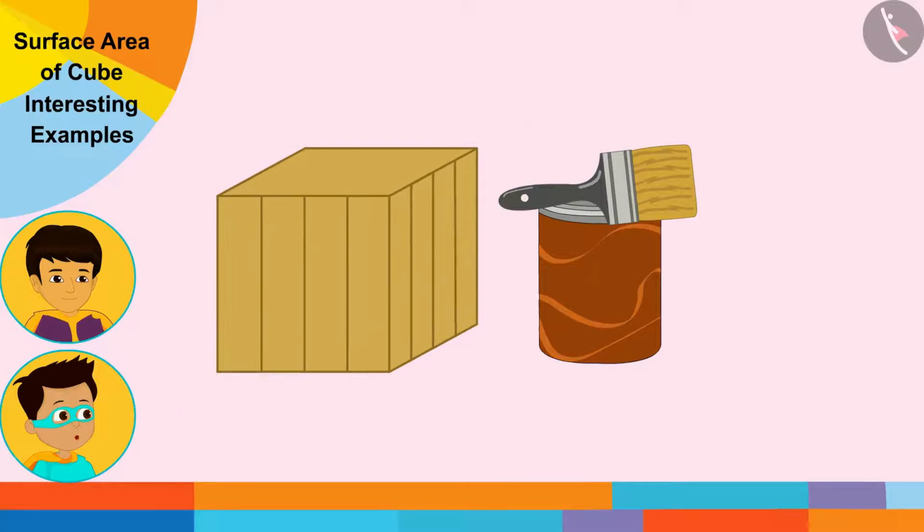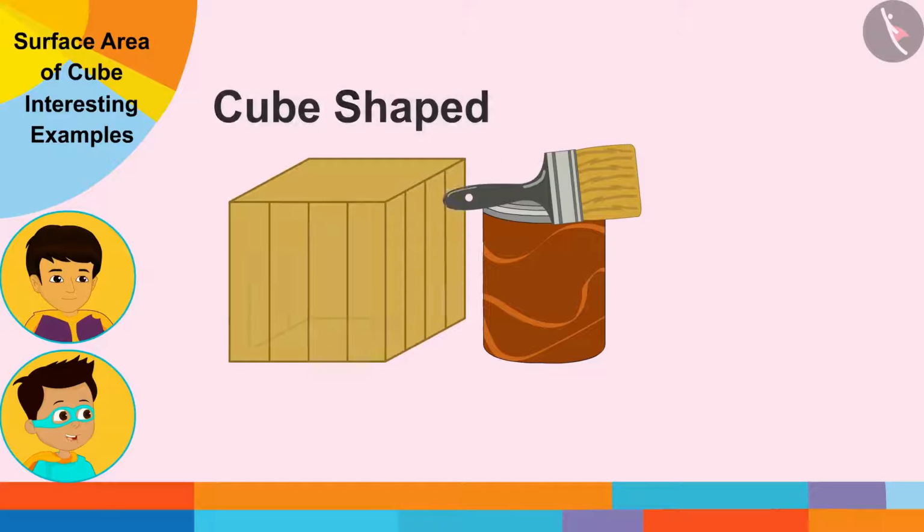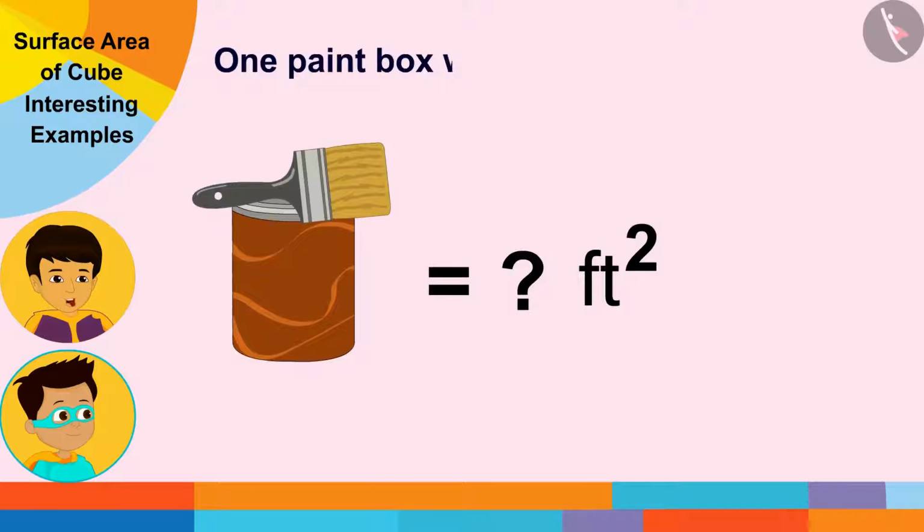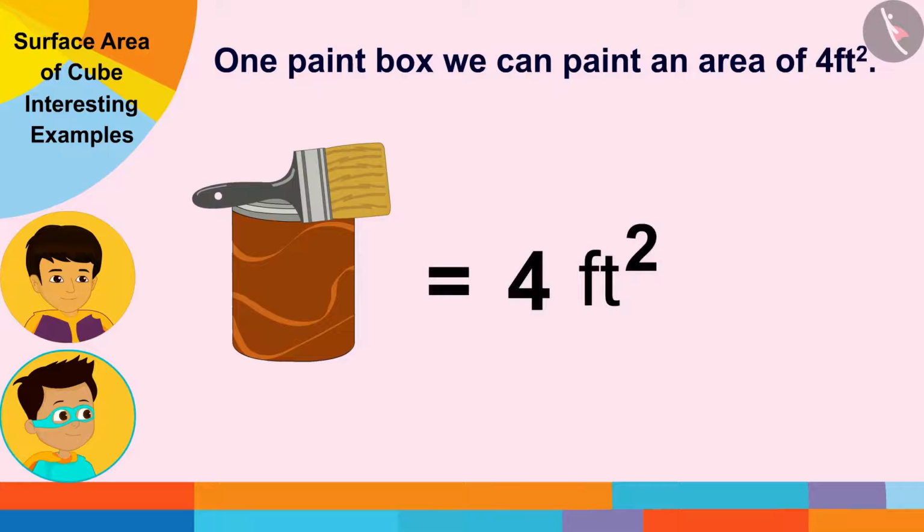Manas, this stool is cube-shaped. Can you tell me how many square feet you can paint with one color box? The shopkeeper told me that with one paint box, we can paint an area of 4 square feet.